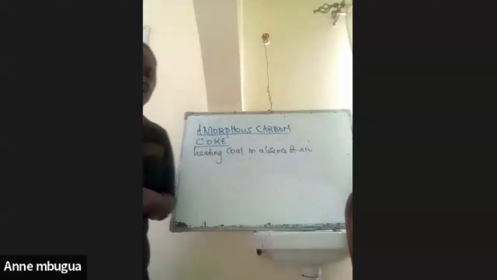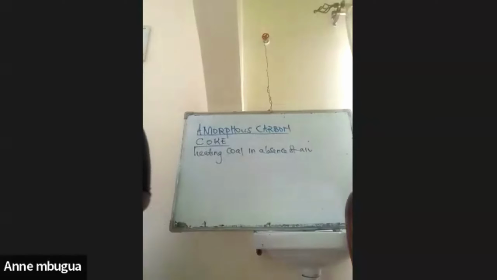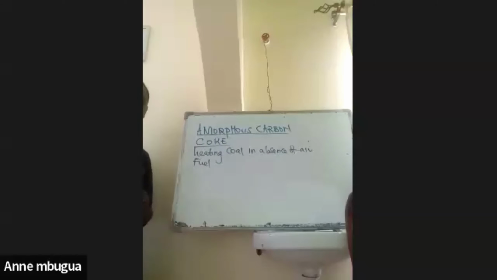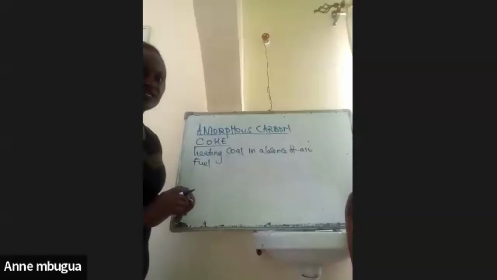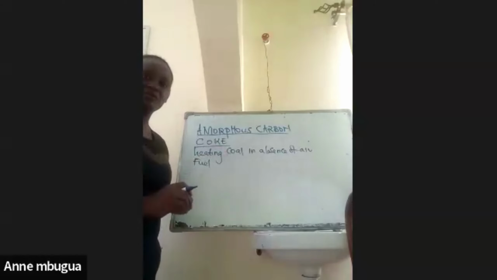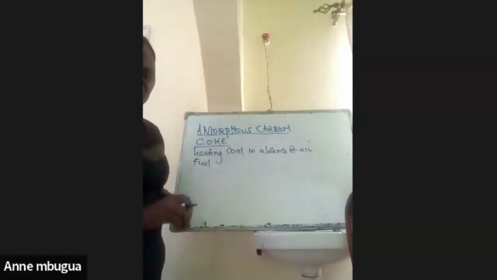Commercially, coke is used as a fuel and as a reducing agent. We are going to come across this term when we discuss extraction of metals in Form 4. It's one of the major raw materials, and you'll come across it when we discuss the Solvay process.